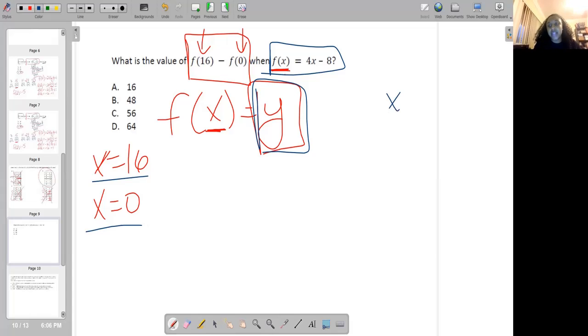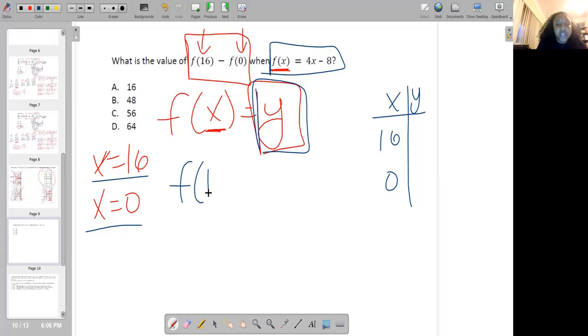Remember, think of it as an xy table. What we're trying to do is figure out what is the y value when x is 16, what is the y value when x is 0. To do that, I'm going to rewrite the equation, but everywhere I see an x, I'm putting 16 in instead, because that's what x stands for.